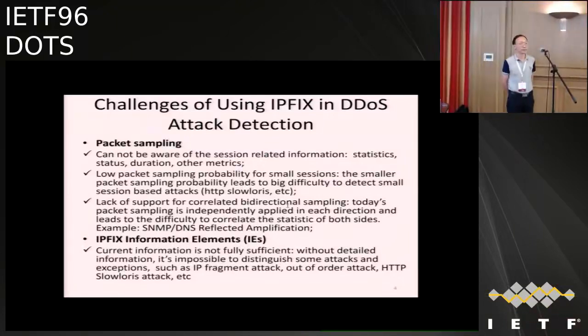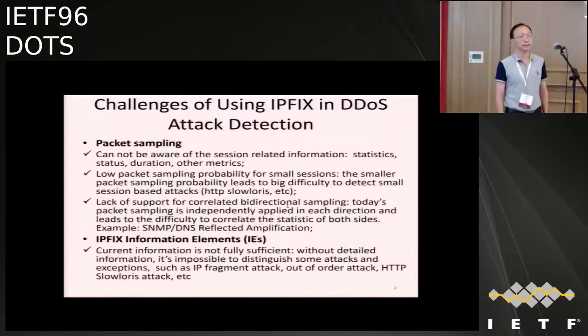So actually, I think it implies some use cases, that we can have this information for the detection of DDoS attack. But it's just some implication of this. Actually, maybe we need some more clear description about this. Yeah.